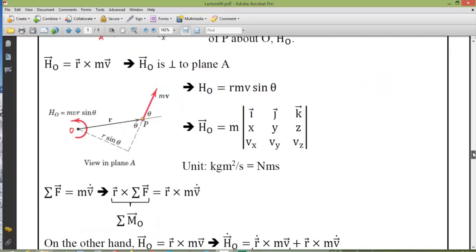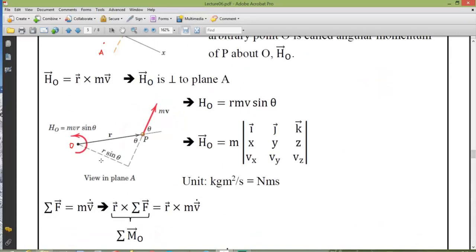Okay. So on that A plane, if we take a look at that plane from the top, this is what we're going to see. This is angle theta, and the cross product will result in mv r sine theta.